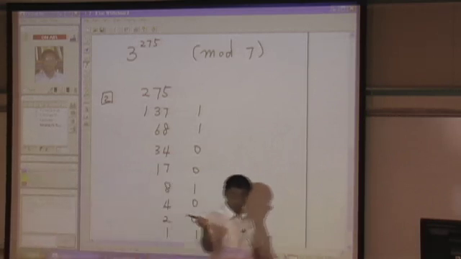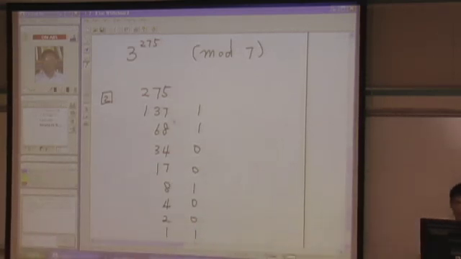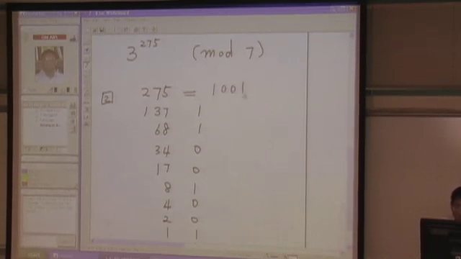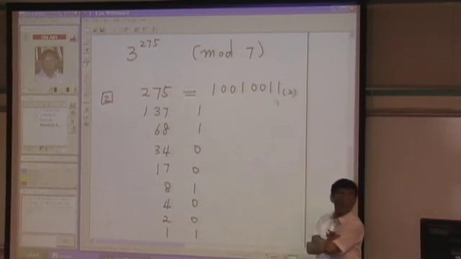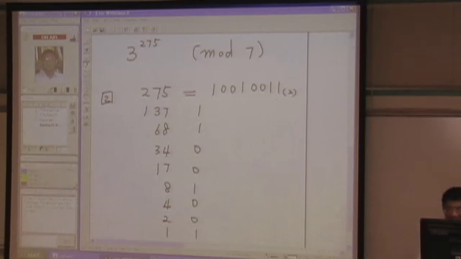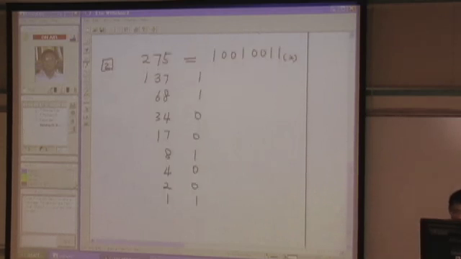So the number that you chose is 100010011 in binary representation. Last one, shouldn't that be 1? I said thank you. You're right. So 1, and then remainder is 0, and then 0, 1. You're right. Thank you.